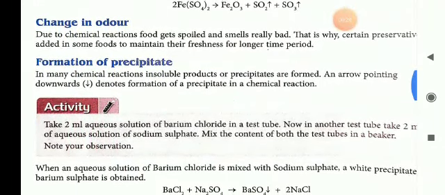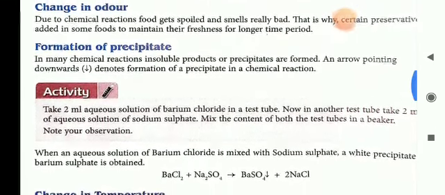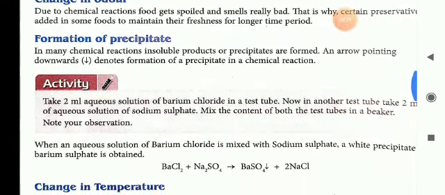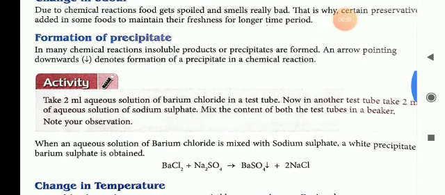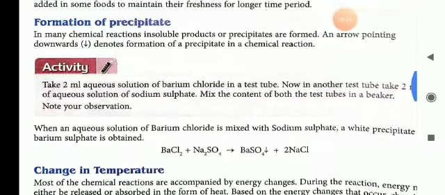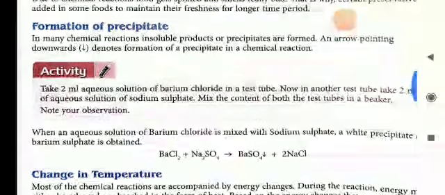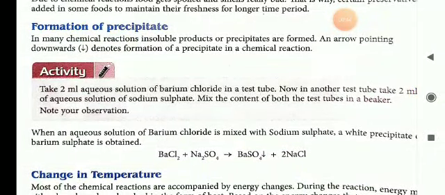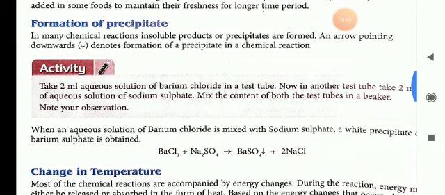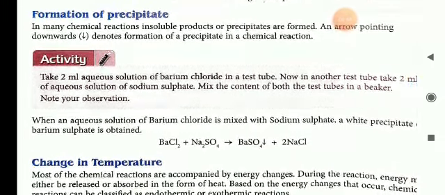Formation of precipitate is when a chemical reaction occurs, the insoluble products or precipitate are formed, which remain in the beaker or test tube, and this is known as precipitate. In a reaction, we can show the precipitate by an arrow pointing downwards.